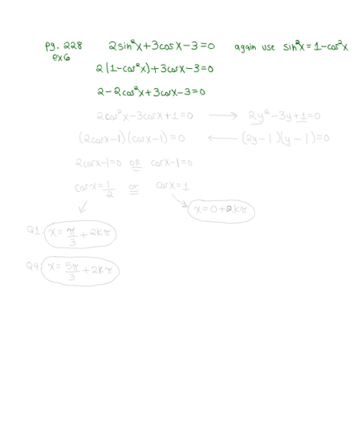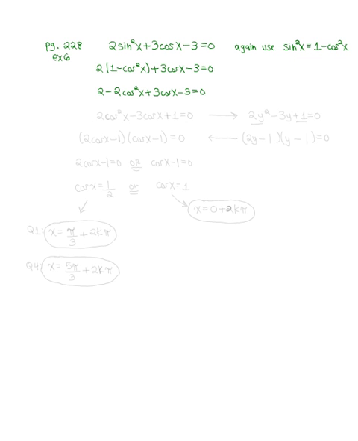And then what we're going to do is just rearrange some of the terms. I'm going to add 2 cosine squared x to both sides as a first step. And then as a second step, I'm going to subtract 3 cosine of x from both sides.